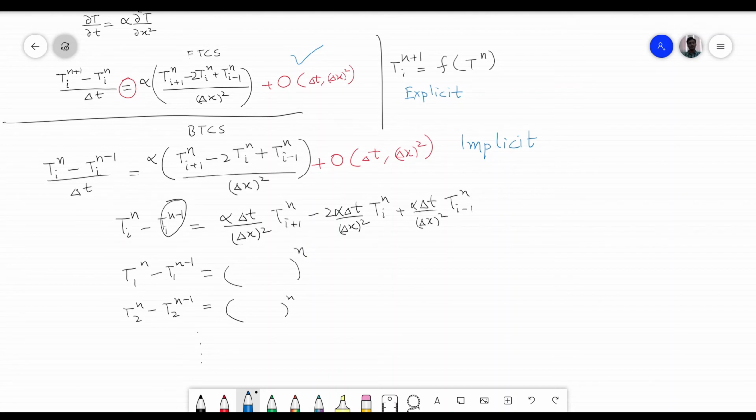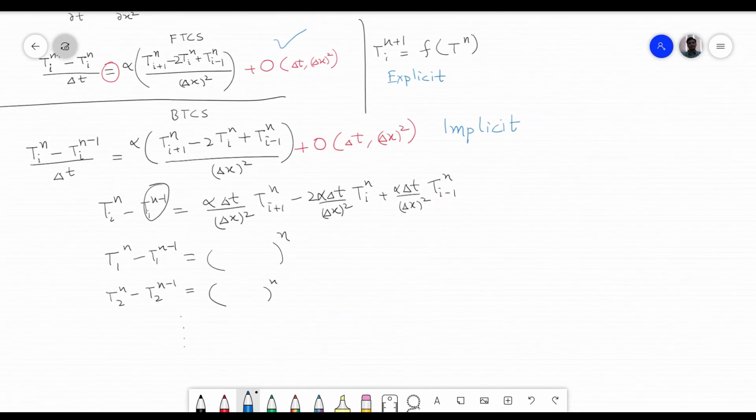Why would we ever want to write this difference formula using this implicit method? What is the advantage of writing it in an implicit way? There are some benefits of the implicit approach.